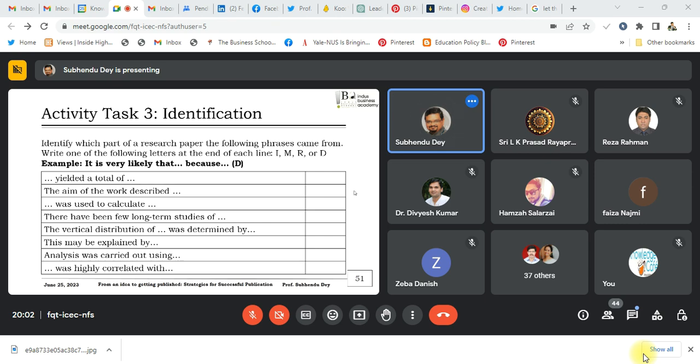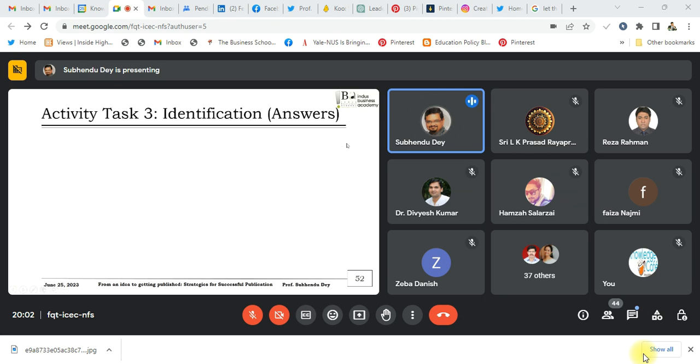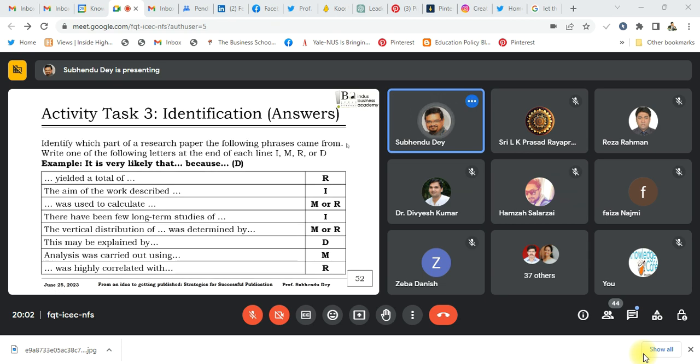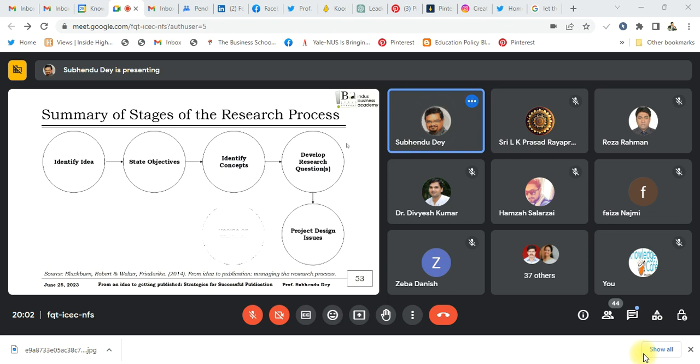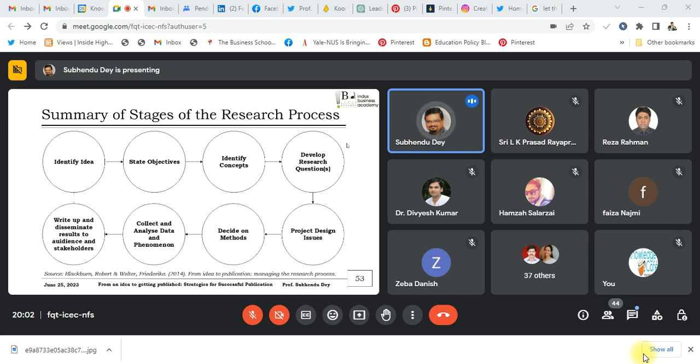So this is what we spoke about, right? Great. So let's quickly summarize the various stages of the research process. I'm not going to speak anything here. It is self-explanatory. I would like you to just quickly go through the various stages of the research process.